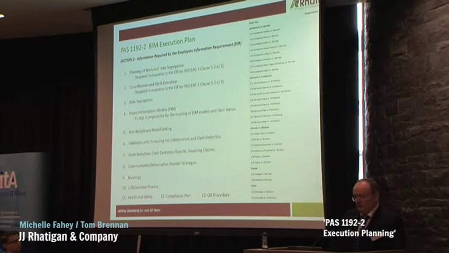So if we have a quick look then at clash detection, there's various different streams in this. What we do here is we set out who's responsible for what and the tolerance that is required. So a brief overview of this would be we run clash detection tests in relation to architecture versus structure, ceilings, partitions, etc. The structure versus the architecture, columns, beams, drop beams, floors, opes, that kind of thing.